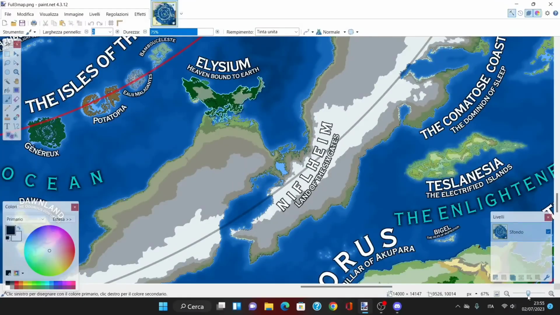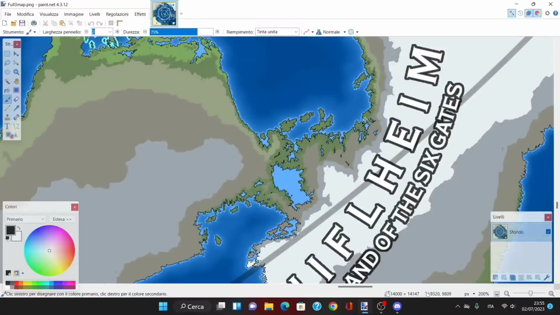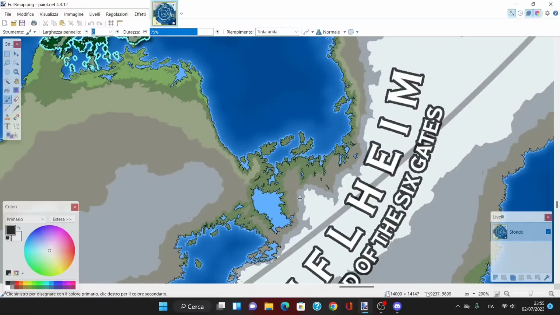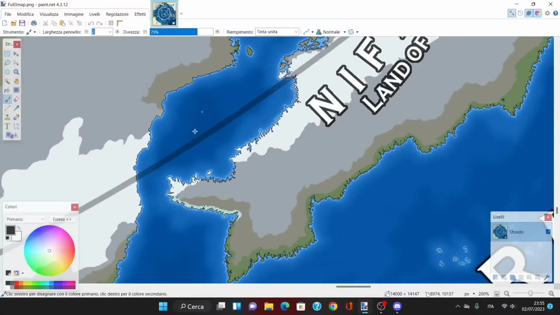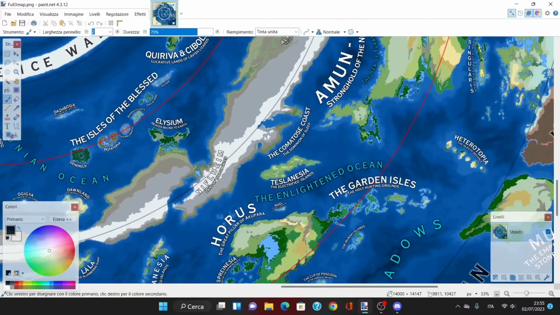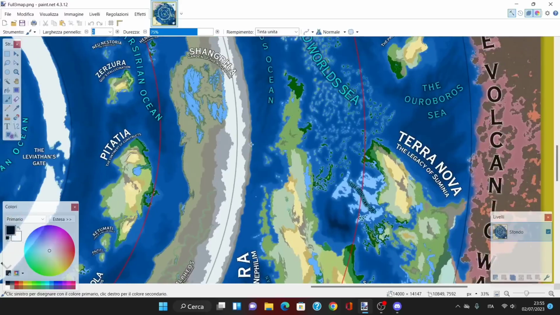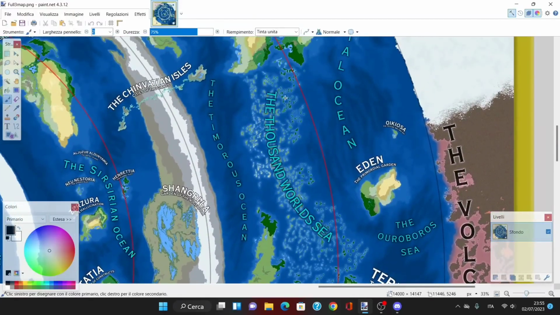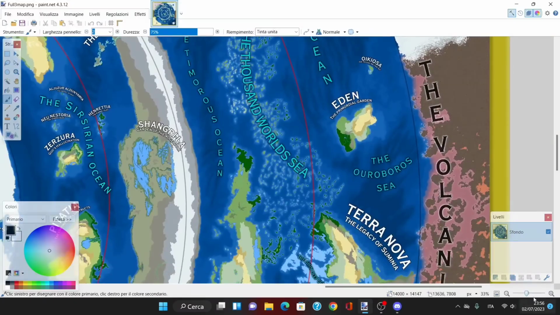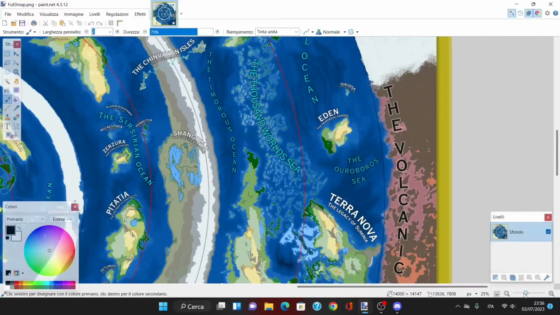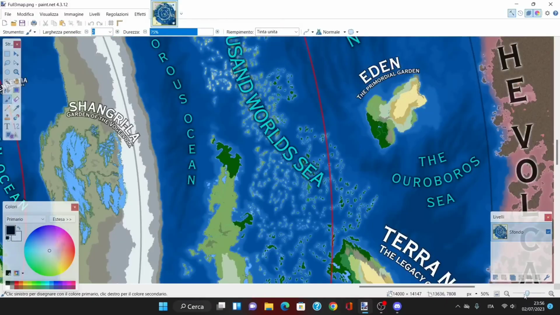But Niflheim wasn't really inhabited by humans in Norse mythology, so there shouldn't be really a big problem coming from these kind of ragged borders, just coming from here and going right into the Horus pillars of the Akupara, and then somehow heading all the way to the Garden of Eden, also traversing this insane 1,000-world sea. You can see just how many islands are here. It's just insane, just the amount of biodiversity that there might be in these places.